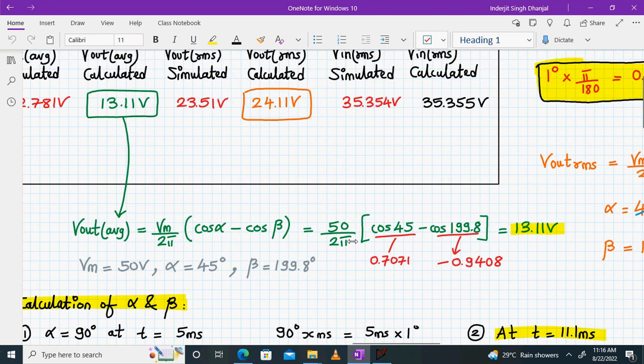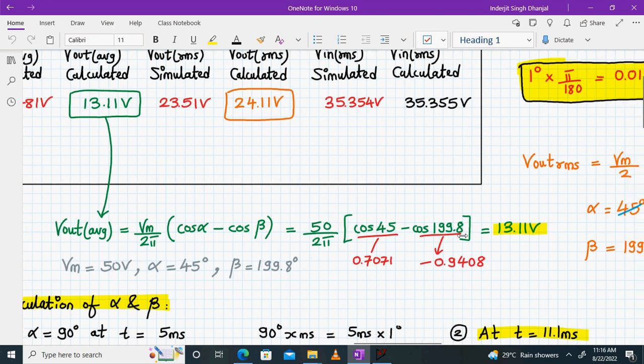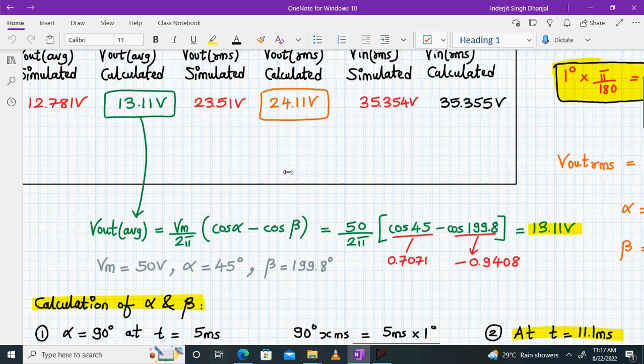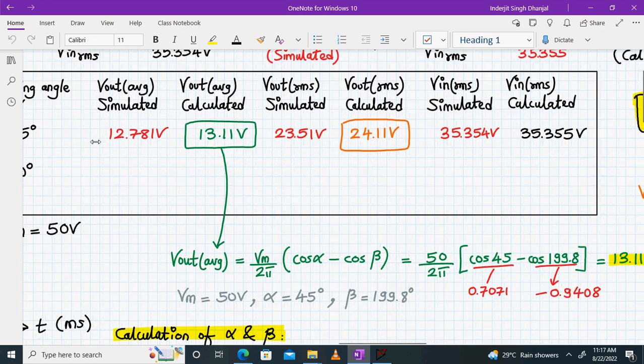50 divided by 2 pi into cos 45, which is around 0.7071, and cos 199.8, which is around minus 0.94048, right? If you plug in the values in the calculator, you will get around 13.11 volts. If you compare it with the simulated value of V out average, the value is quite close.